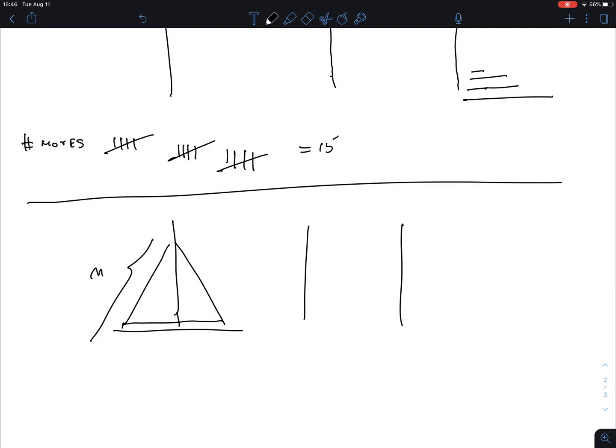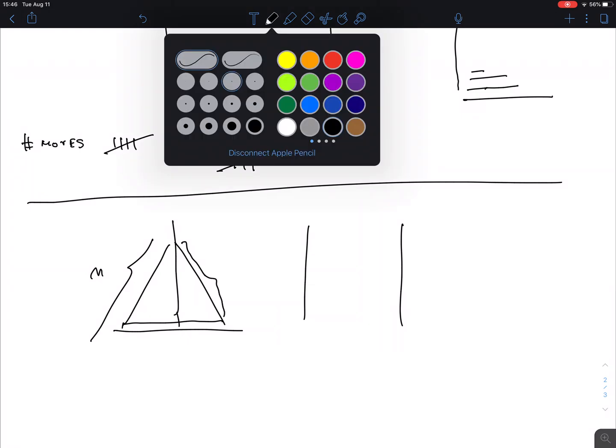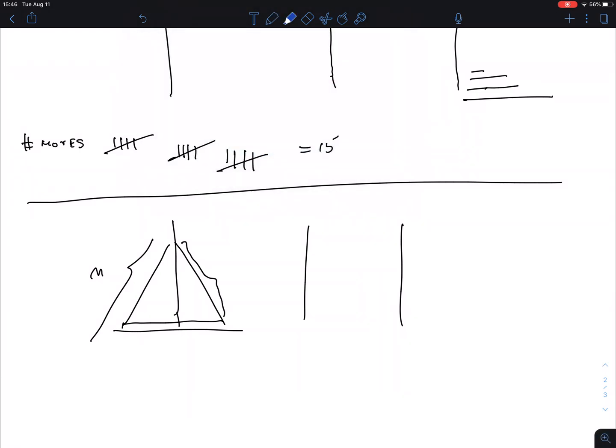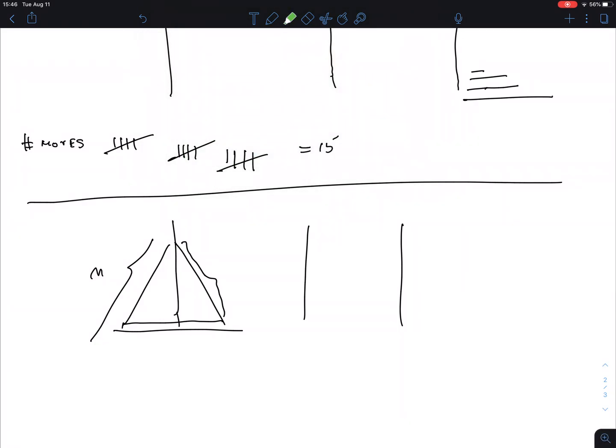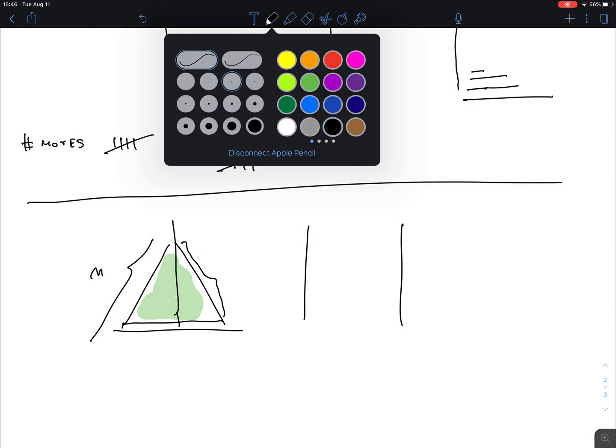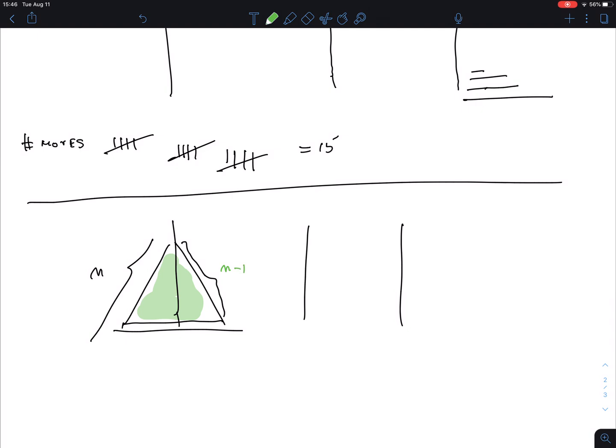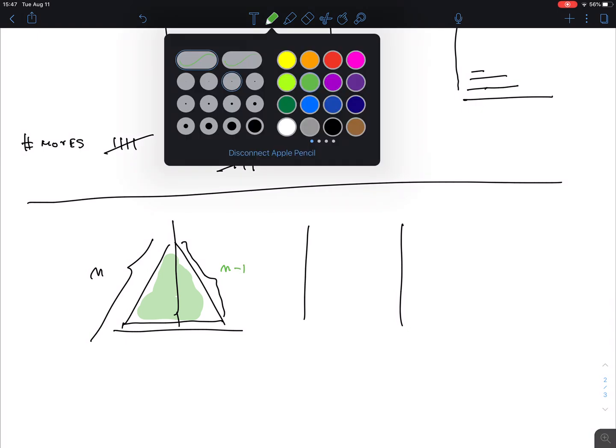I'm going to move the, and so this part here, let me call it, I'll shade it green. So the green part here has size n-1, right? That's a pile of size n-1. I'm going to move that pile. So okay, let's set up the thing.